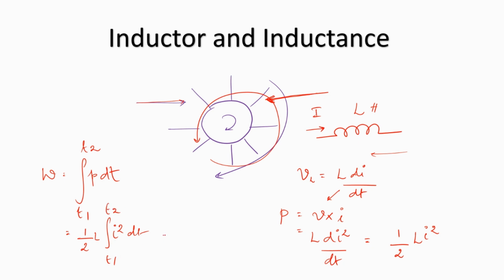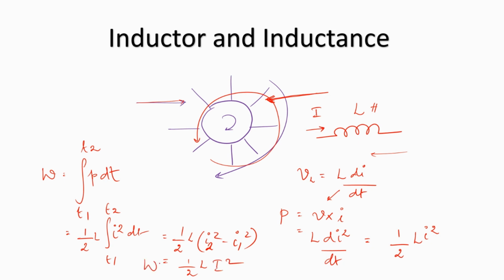For time t1, the current would be say I1, and for t2 it would be I2. So the energy becomes half L into I2 square minus I1 square, or simply call it half L I square.